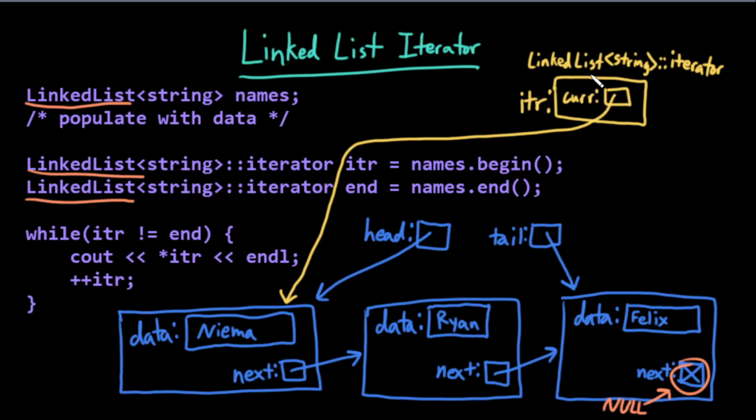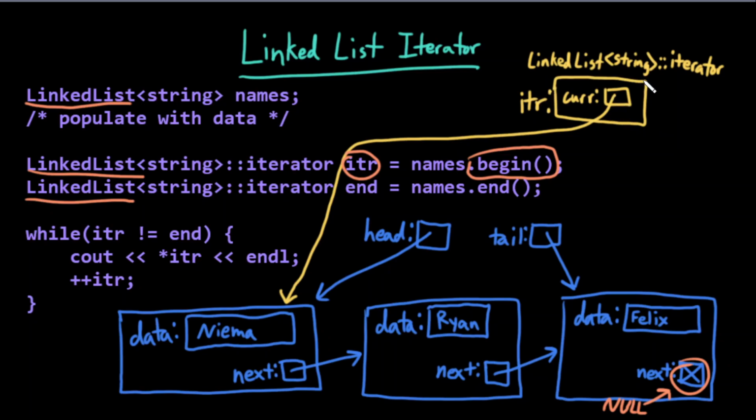In this example, my iterator object will have a node pointer pointing to the current node. So let's see what happens. I start by creating a linked list, populating it with names. In this example, Nima, Ryan, and Felix. This is the same list as the previous example, just as a linked list instead of a vector. Then I get an iterator to the beginning of my list.